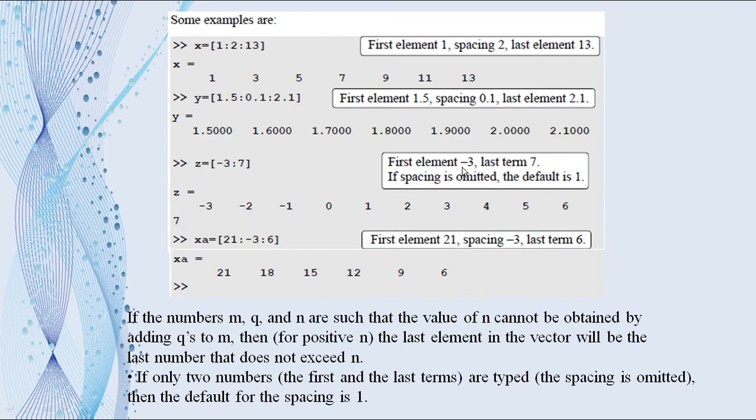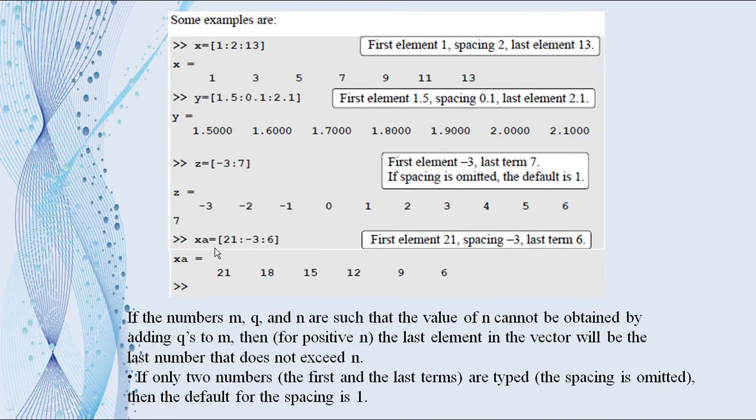So the first term is minus 3 and the last term is 7. Each element is separated by 1, because it's the default. They have not given the value q here, so we have minus 3, minus 2, minus 1, 0, 1, 2, 3, 4, 5, 6, 7.